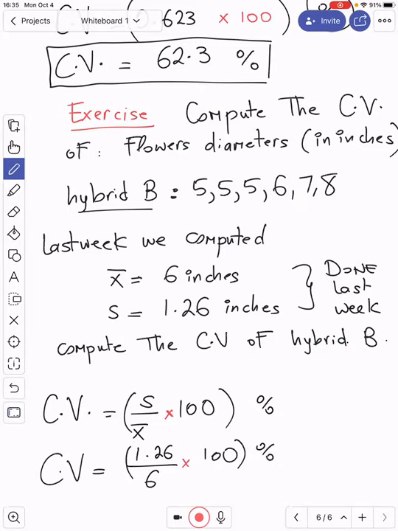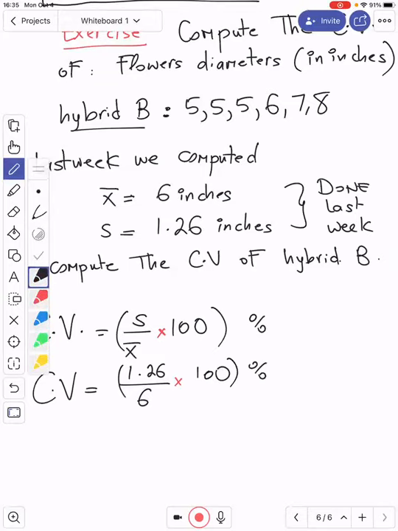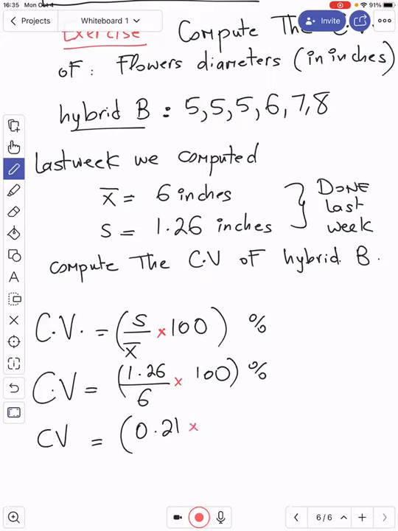So 1.26 over 6 will be equal to 0.21, times the 100. So that would be 21%.